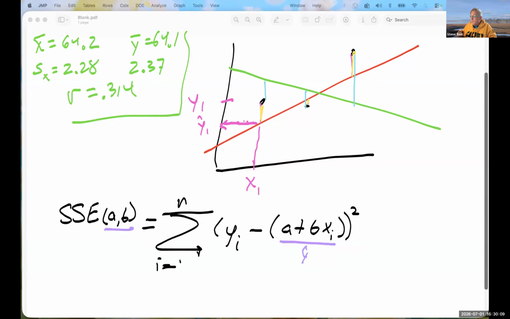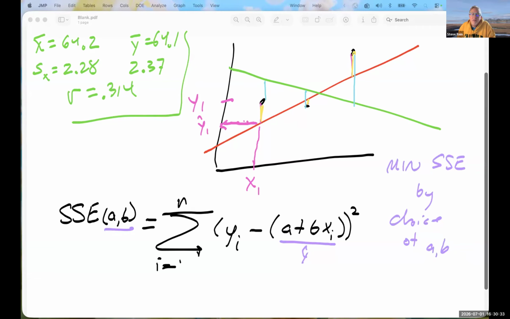And we're going to take that difference and square it. So we got the sum of the squared errors. And my claim is you want to minimize SSE by choice of the intercept A and B. So we're going to choose A and B to make SS error the smallest possible.